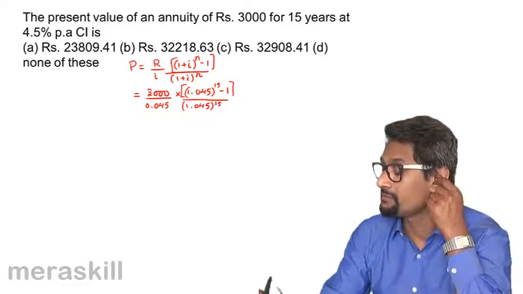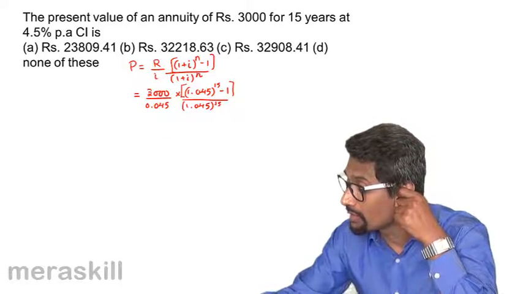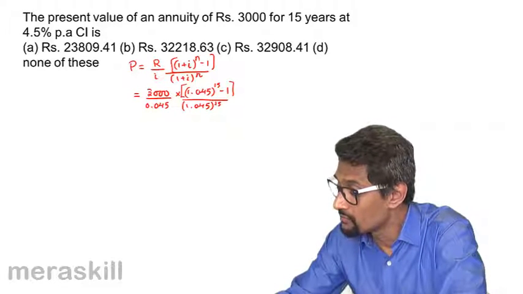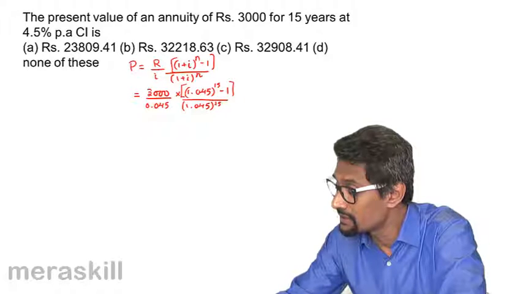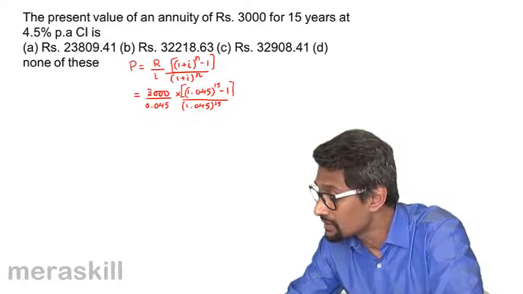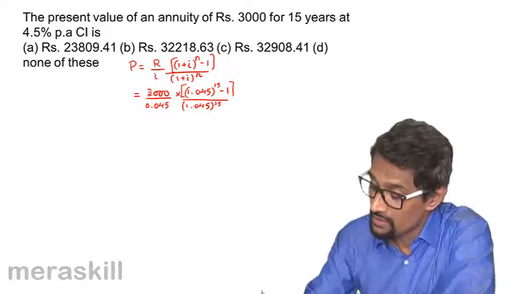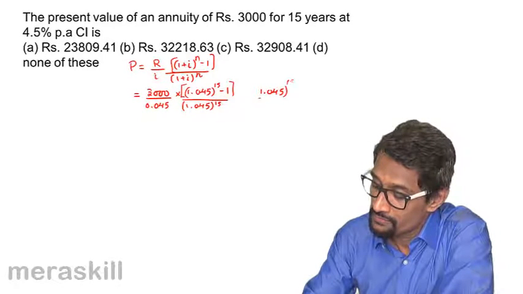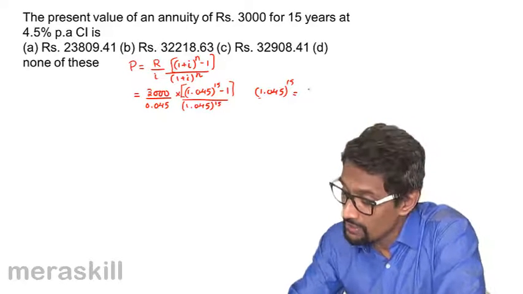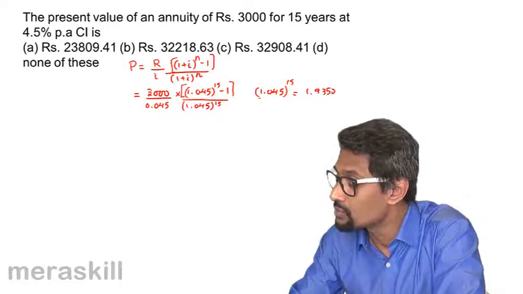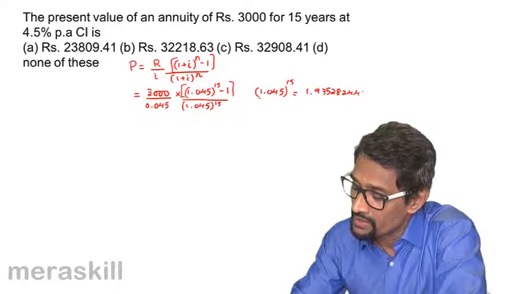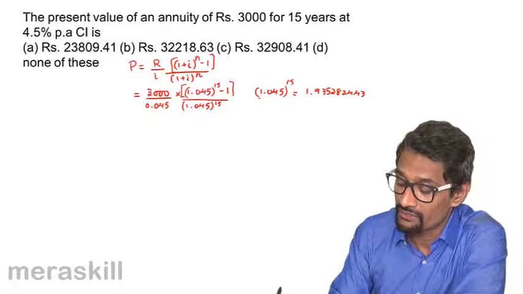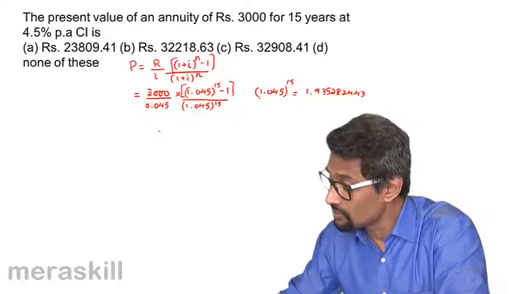Since this is a common factor, we can just note it down. 1.045 into 2, 3, 4, 5, 6, 7, 8, 9, 10, 11, 12, 13, 14, 15. So 1.045 raised to 15 turns out to be around 1.935282443. You can note it down so that you can save time on multiplying.